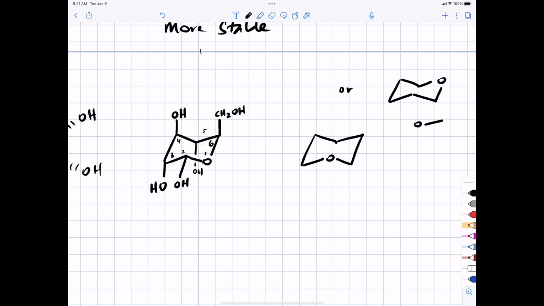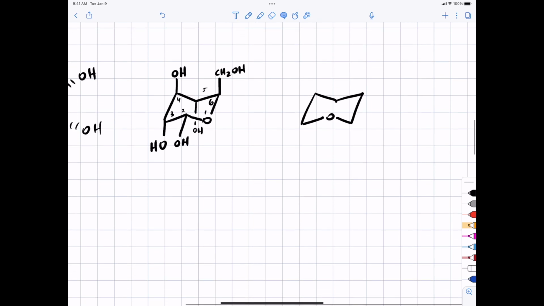If you want to get even crazier, we could do it like this, and that would be fine. So whatever. Now let's go around again, numbering in the same sense. Looks like clockwise. 1, 2, 3, 4, 5, 6.